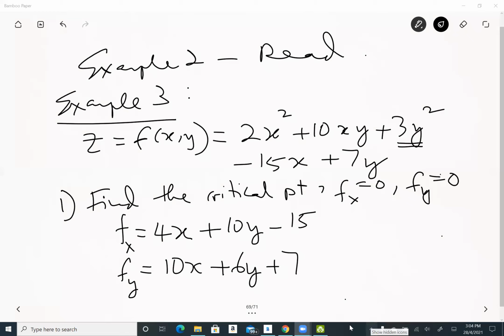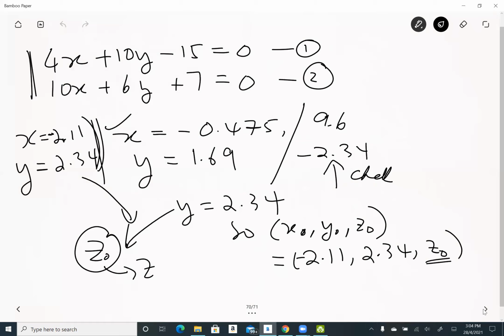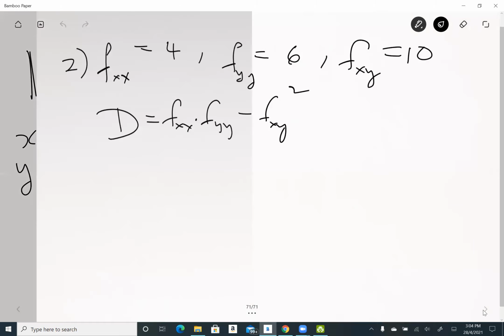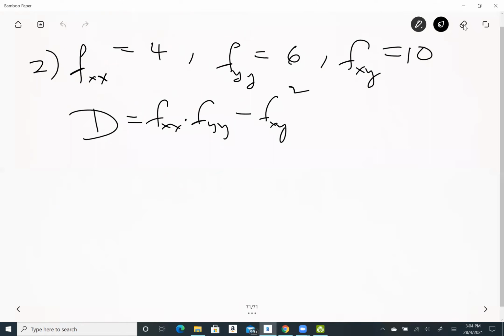So you have fx equal to this thing here. So fxx is 4, fyy is 6, fxy is 10. Is that right? So you put into the D, we'll get D is equal to, put in the values of the second partials.